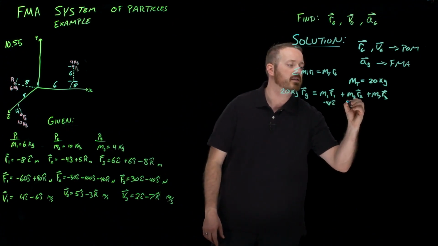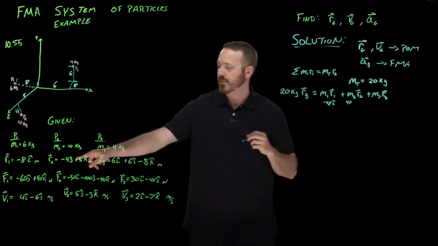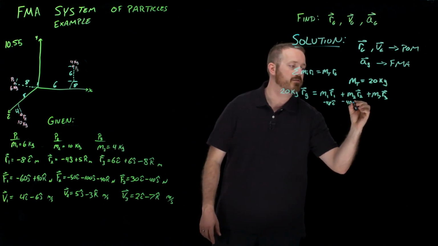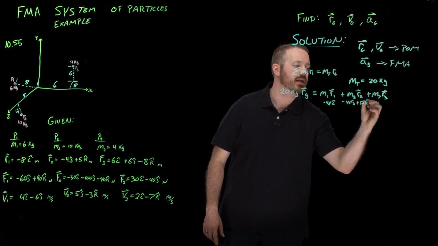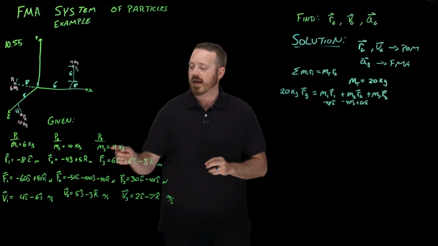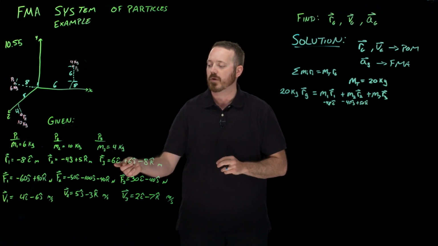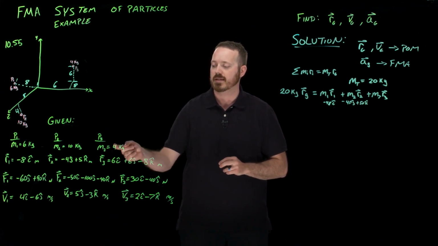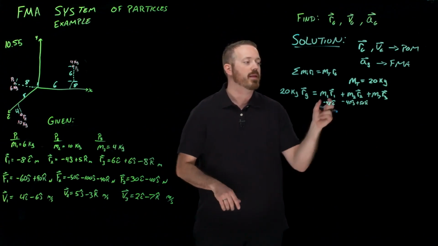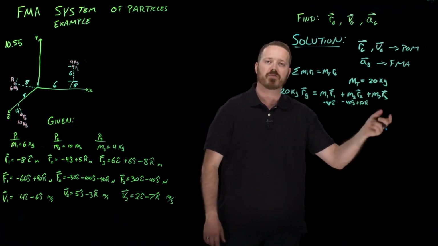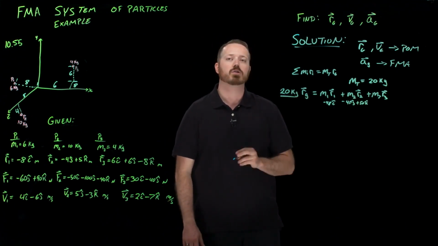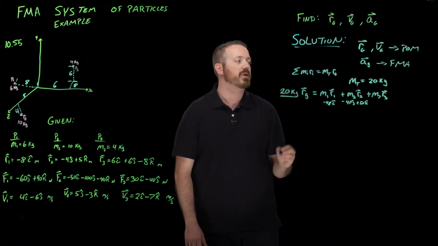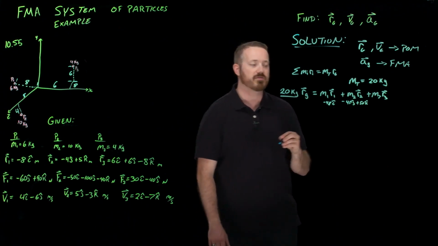So that would get us -40 in the j direction, and +50 in the k direction. And then we'll do the same thing for particle 3, 4 times 6, 4 times 6, and 4 times -8. Add up all of the i's, j's, and k's, and then divide out our 20 kilogram mass, and we'd be left with what this position vector is.